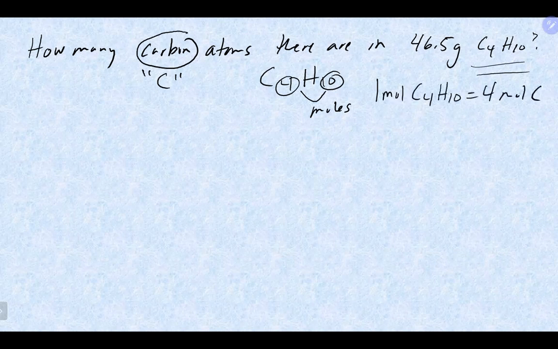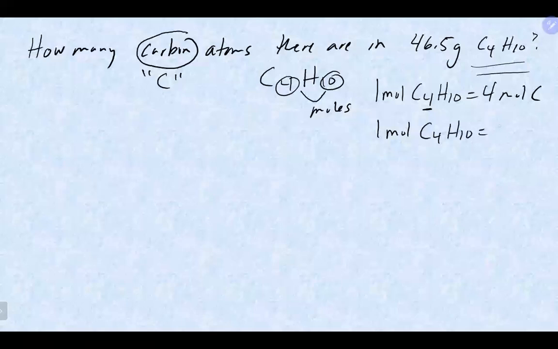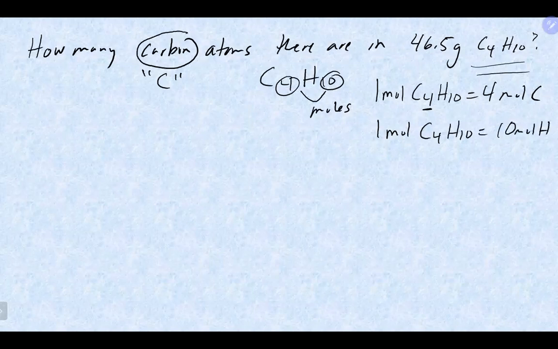And that simply is just a little subscript that's next to carbon. And we could also say in 1 mole of the entire thing here, there would be 10 moles of hydrogen. So this is a way that we could actually use the formula itself to just focus in on one particular element that may be there.